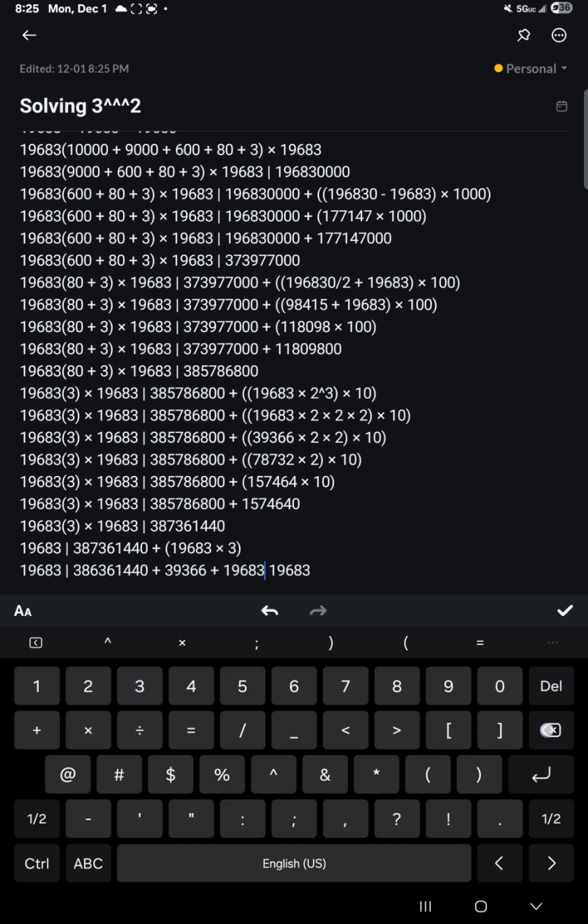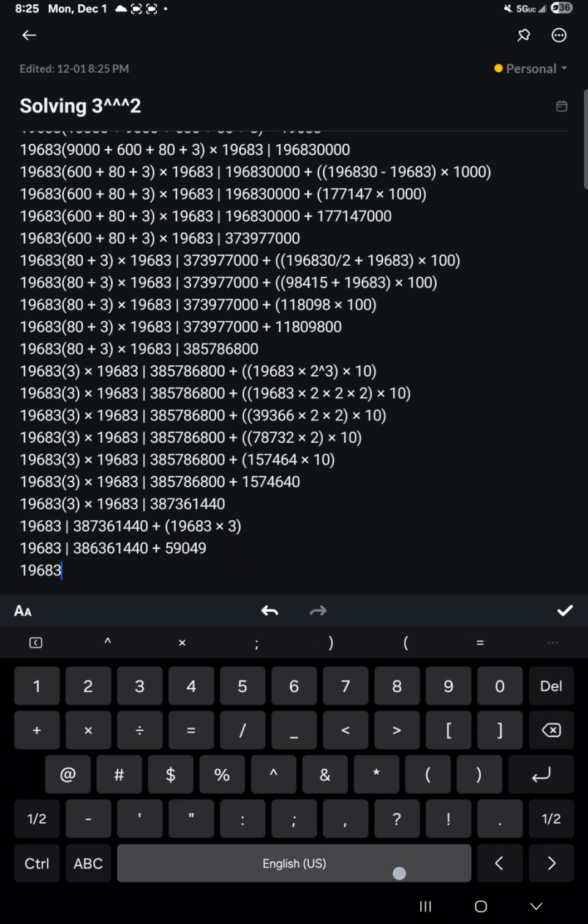Alright, that's for this one. Let's do it again. 6 plus 3 is 9. 36 plus 8, 44. 39 plus 4 is 400. And then 40 plus 19, 59.